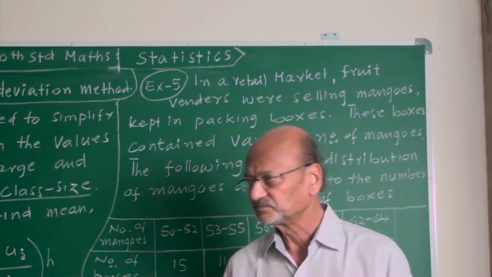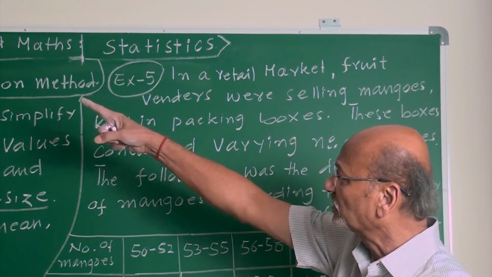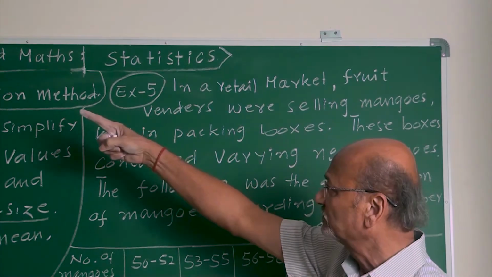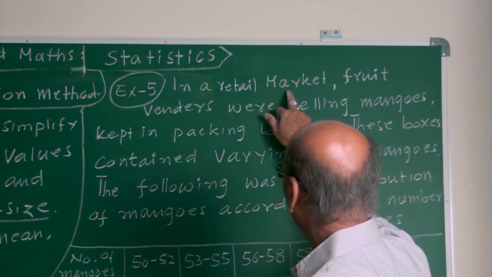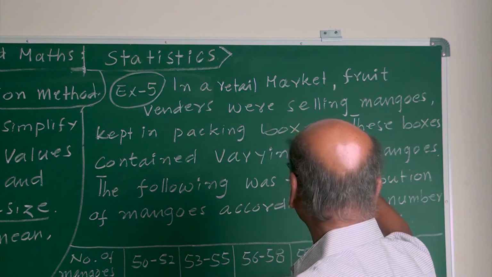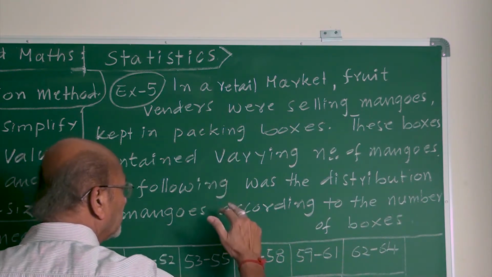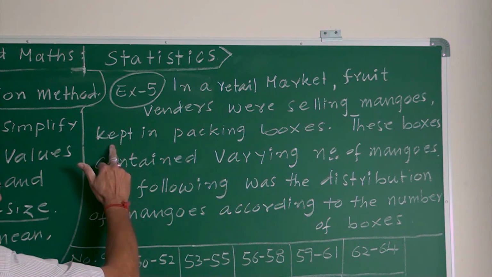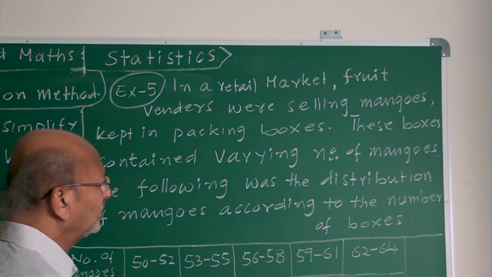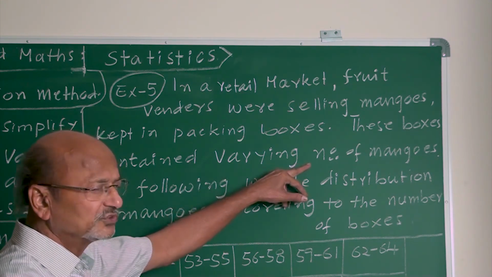See, my friends. This is example number 5 of exercise 13.1. In a retail market, fruit vendors were selling mangoes kept in packing boxes. These boxes contained not the same number, a varying number of mangoes.